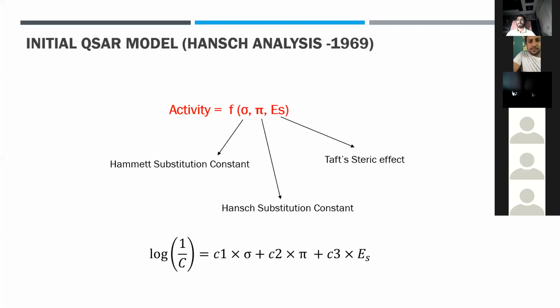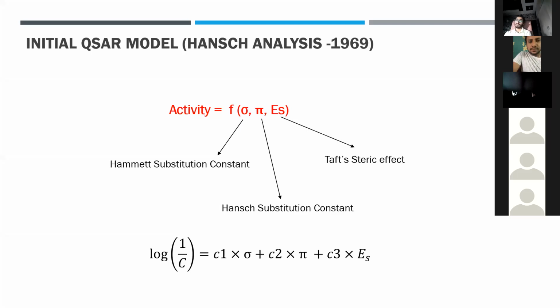So it is very much possible that we get this equation where C is the concentration, and log 1 by C you can consider as the activity. Using sigma, pi, and Es, you can calculate the activity.